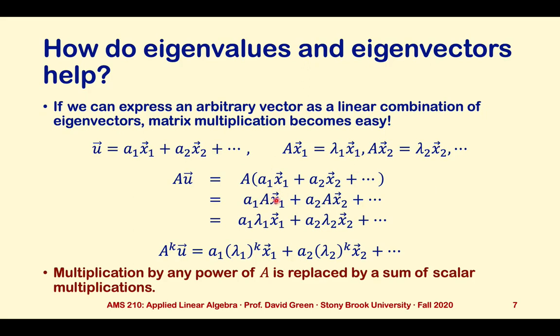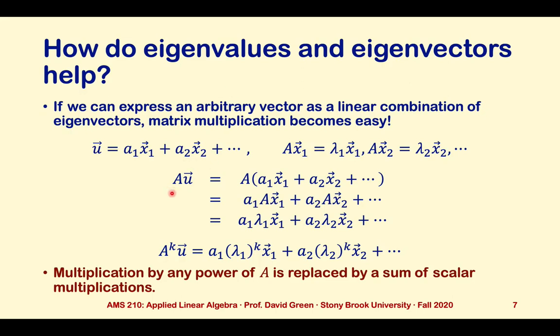But x1, x2 are eigenvectors. That means we can replace Ax1 with lambda 1 x1, and we can replace Ax2 with lambda 2 x2. And here, lambda 1 and lambda 2 are just scalars. We have replaced the multiplication of a matrix by u with a sum of scalar multiplications. Much easier to evaluate this than to evaluate the product.